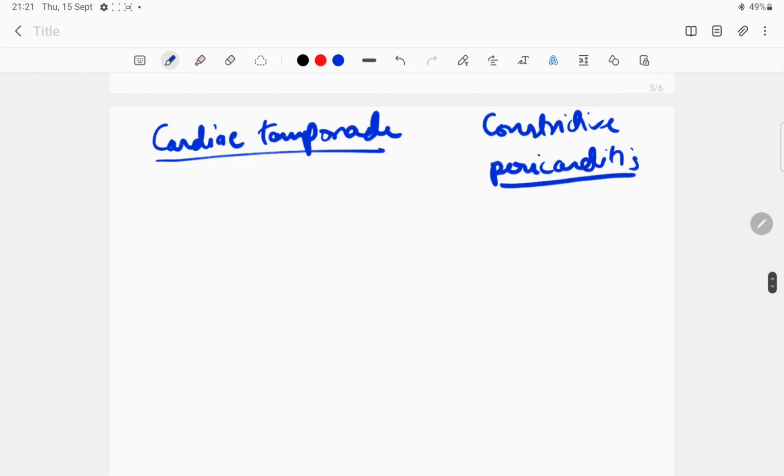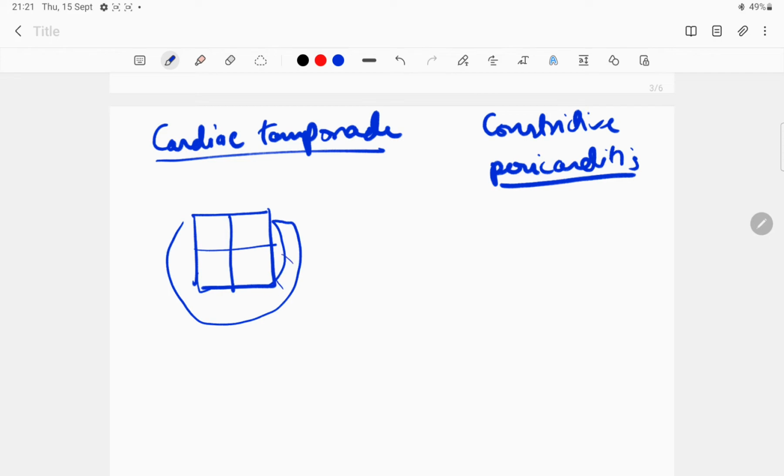So what happens in cardiac tamponade is there is a fluid accumulation around the heart, due to which our ventricles get compressed.